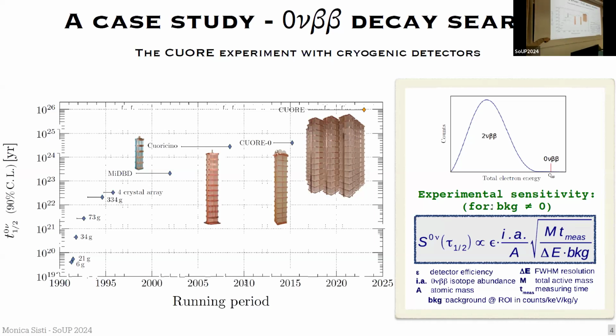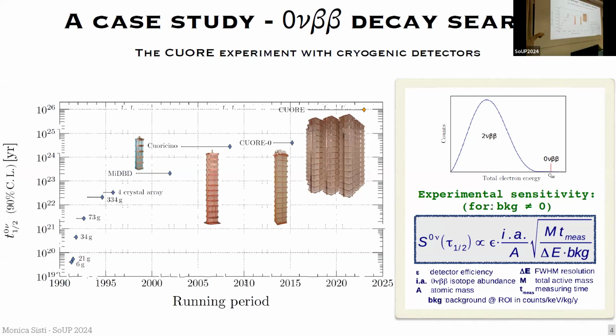You have to increase the mass to gain in sensitivity, and you have to reduce background, which very often means reducing, as you can appreciate in these two pictures, the mass of materials that are close to your detector.